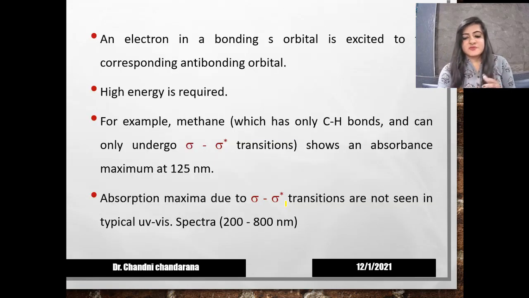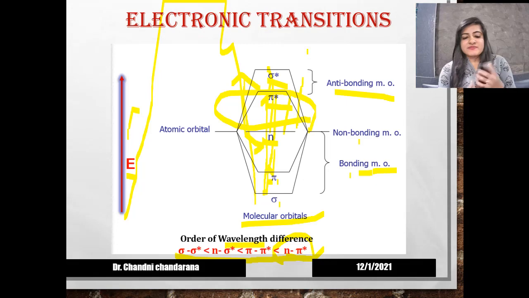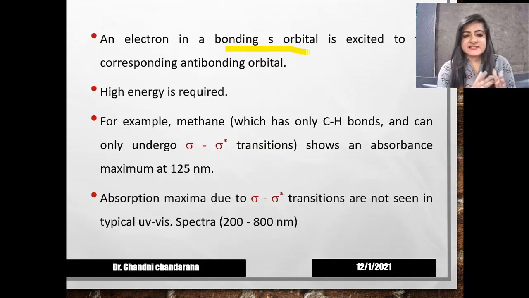As per the figure, the highest energy is required. Sigma electrons are present in saturated compounds, so the sigma to sigma star transition can only occur in compounds having sigma electrons.